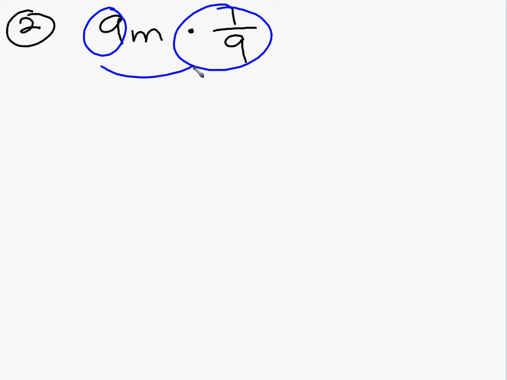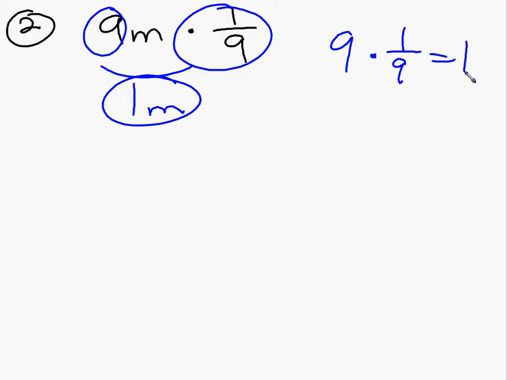What's 9 times 1/9? 1, right? So this is 1m. Problem's done. As soon as you recognize the inverse, 9 times 1/9 equals 1, then the problem's over with. 1m. That one's an easy one.